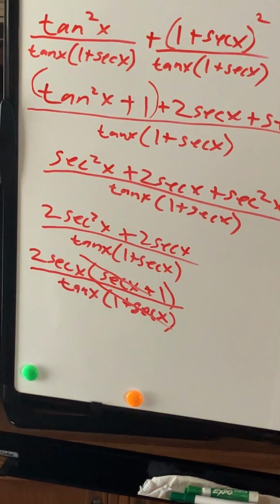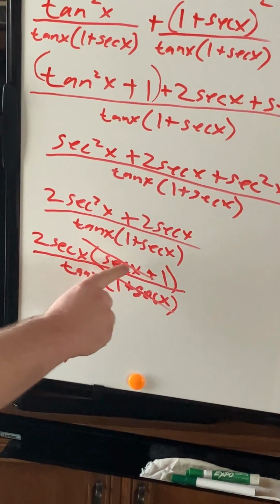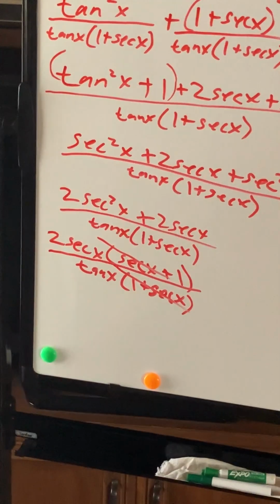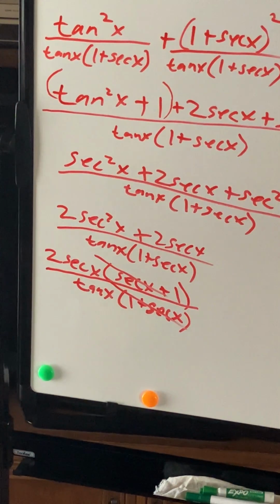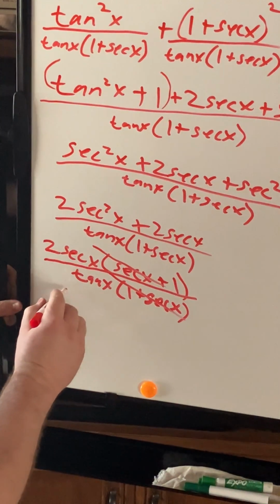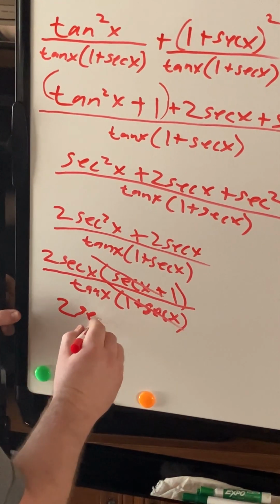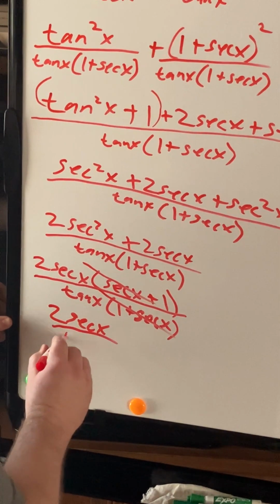Boom, boom. These cancel. Secant x plus 1 is the same thing as 1 plus secant x. They're both being multiplied by something, so therefore they cancel. So all we're left with is 2 secant x over tan x.